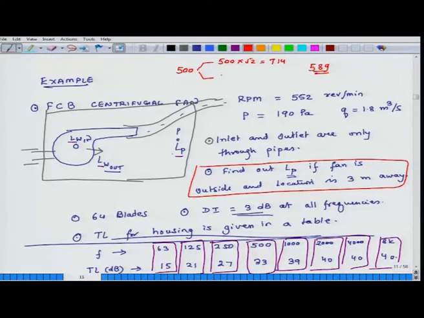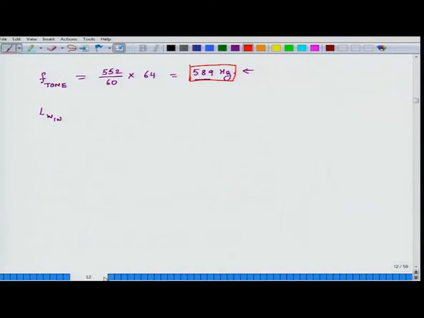So, this tone will lie in the 500 hertz band; it will not lie in any other band, right? So, we will first do the computation for the 500 hertz band because it is a special band. For other bands also we will use it, but we do it for the 500 hertz band first.